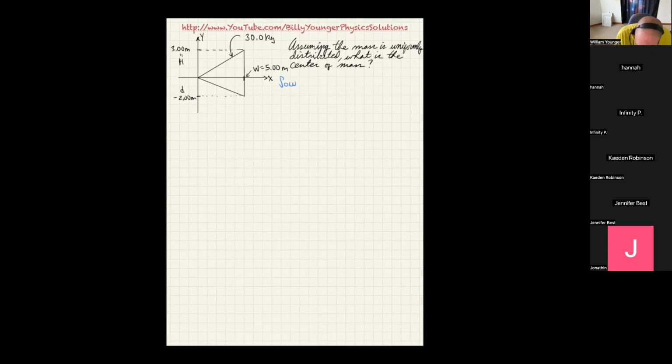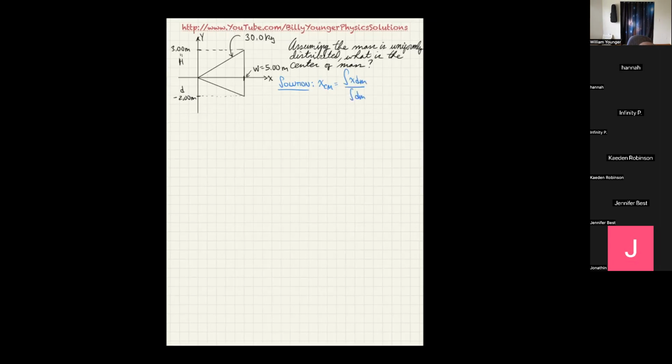And like I often do, the solution not only entails the solution, but it often gives you the equations that you're going to be using. And the x center of mass equation, for instance, is going to be the integral of x dm divided by the integral of dm.